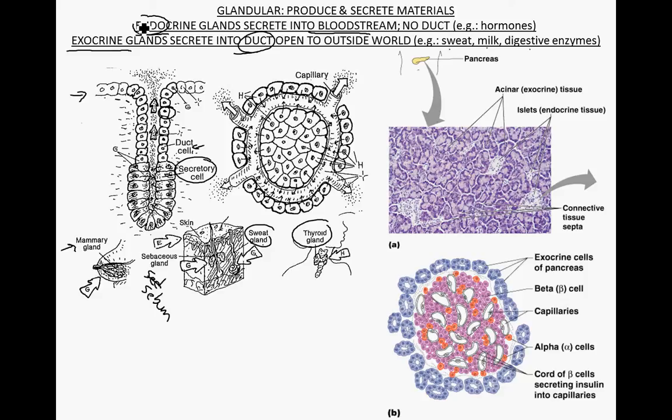This is the bloodstream here, and these are the secretory cells that are going to be secreting their secretion directly into the bloodstream. So again, thyroid hormones, T3, T4. These hormones play a role in metabolism, metabolic rates.